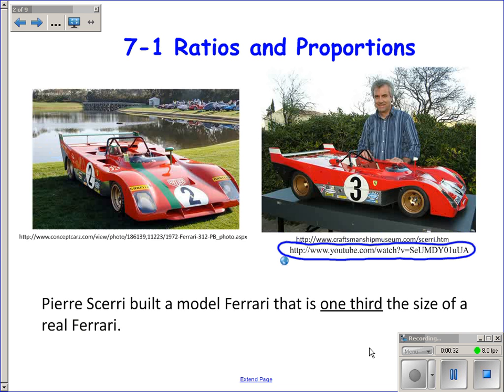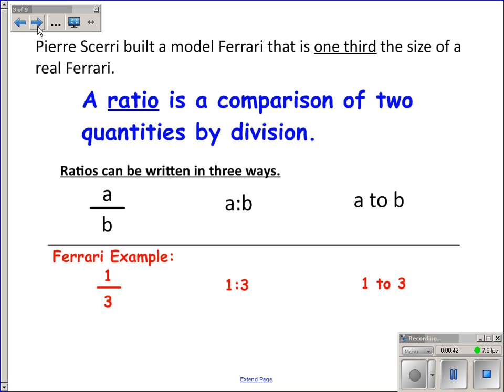Okay, but that 1/3 is the ratio between his model Ferrari and an actual Ferrari. So a ratio is a comparison of two quantities by division. It's a way of comparing two quantities. Now ratios can be written in three ways.